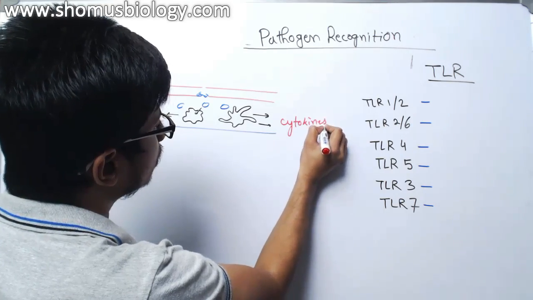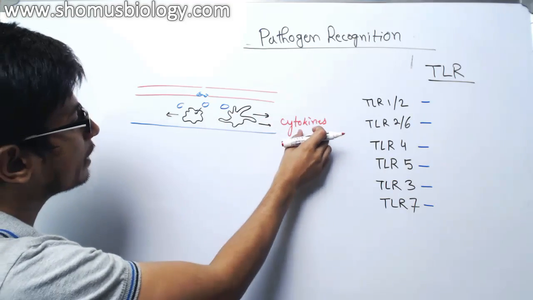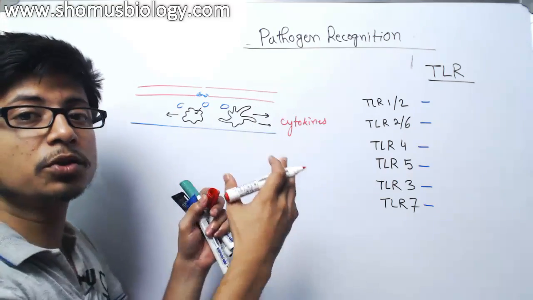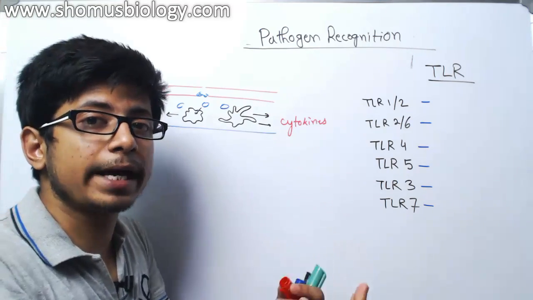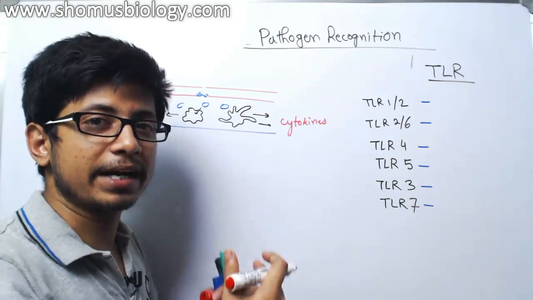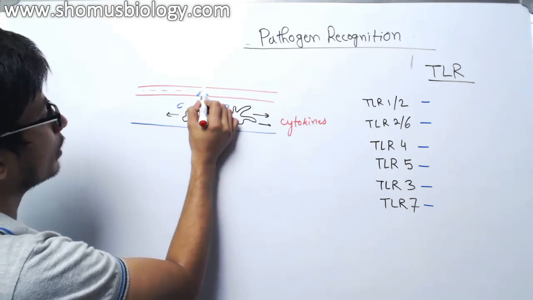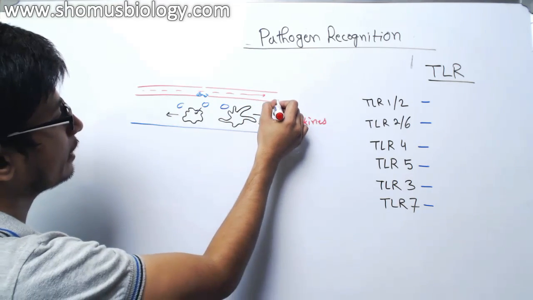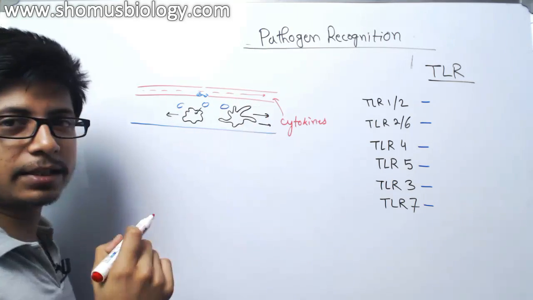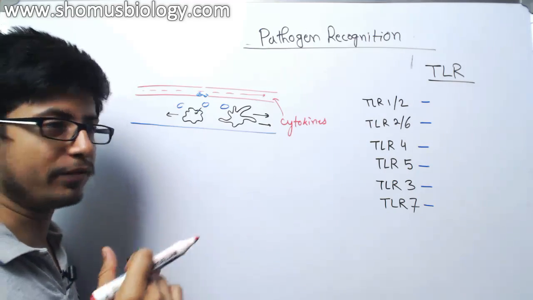As they release these cytokines, those chemical factors signal other cells, lymphocytes and all those white blood cells, to come and join in this area, because white blood cells are circulating through the blood vessel. If the cytokines go to the blood vessel, they can bring white blood cells to the area and start the action in a more amplified fashion.